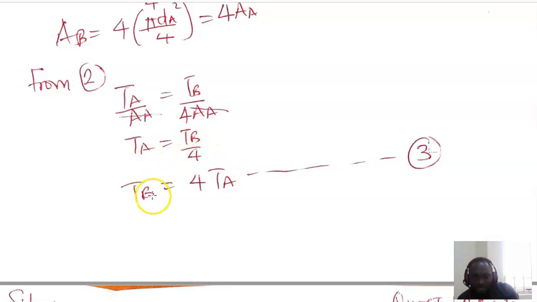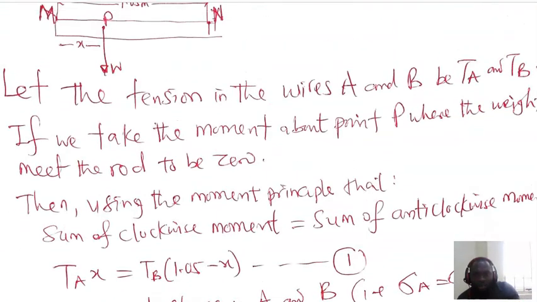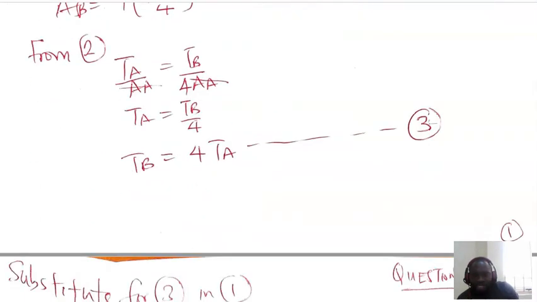So that means TB equals 4 TA. I will now put this in the first equation, which is the moment equation derived from the principle of moments. I'll substitute for TB here in terms of TA, then I will be able to solve for x directly. Let's see how that plays out.